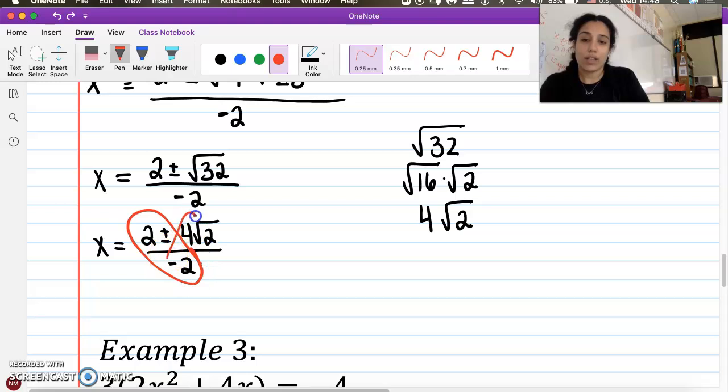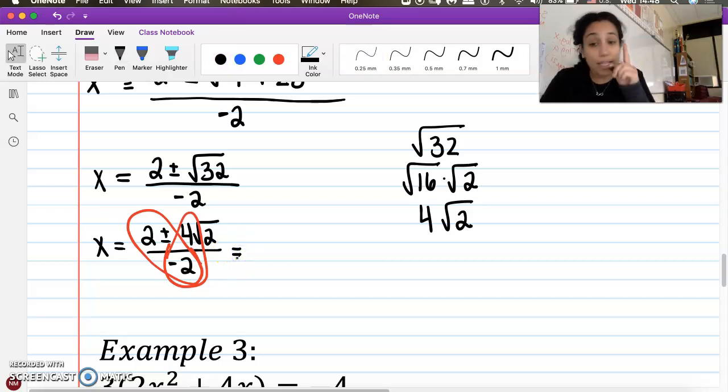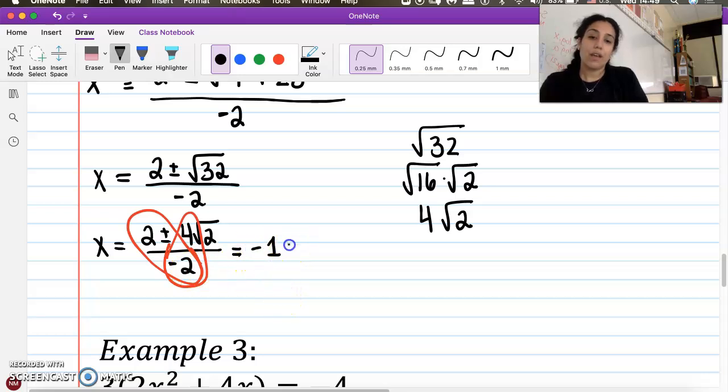I know it's ugly, the ugliest I've ever seen in my life, but it's okay. We don't discriminate against the ugly. So 2 divided by -2 is -1. Plus or minus 4 divided by -2 is -2, but you don't need to write a negative because this is already plus or minus. So we're just going to write it 2 root 2 because that -2 already exists here.